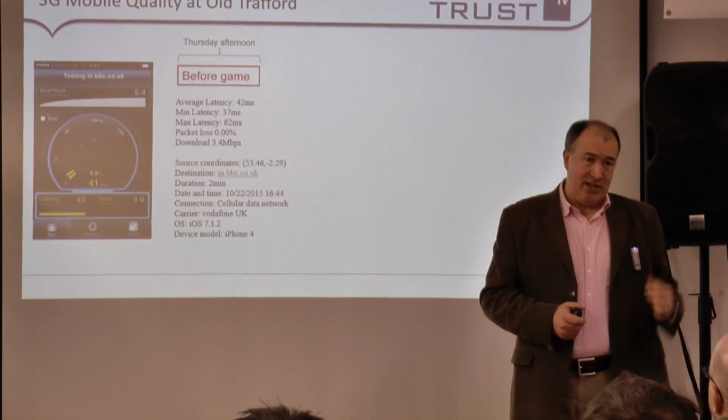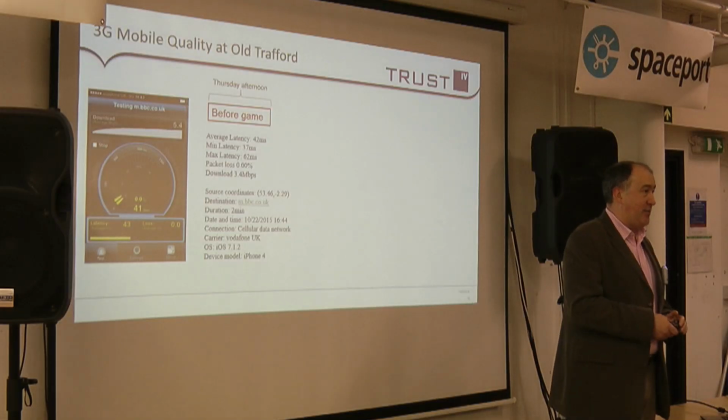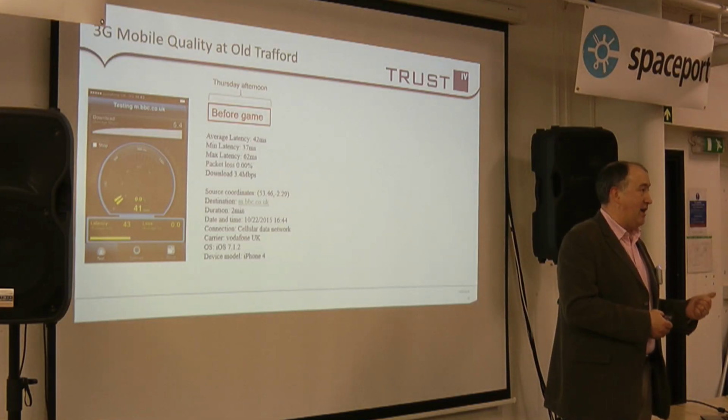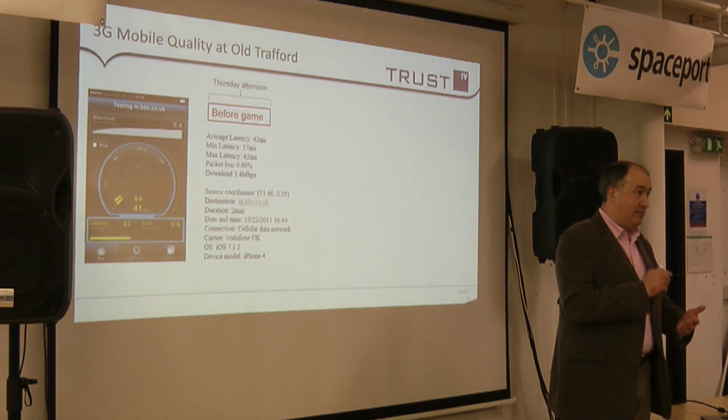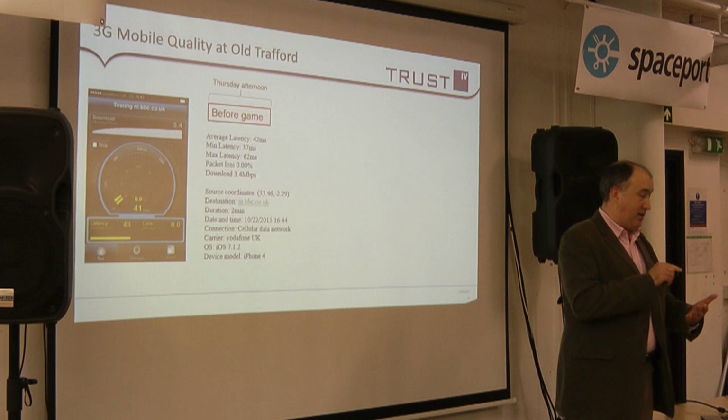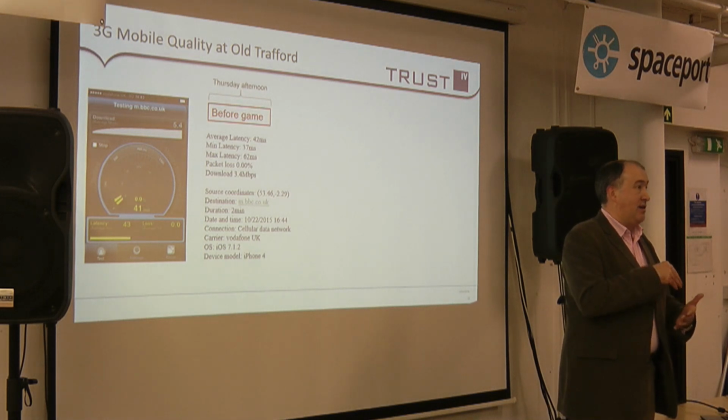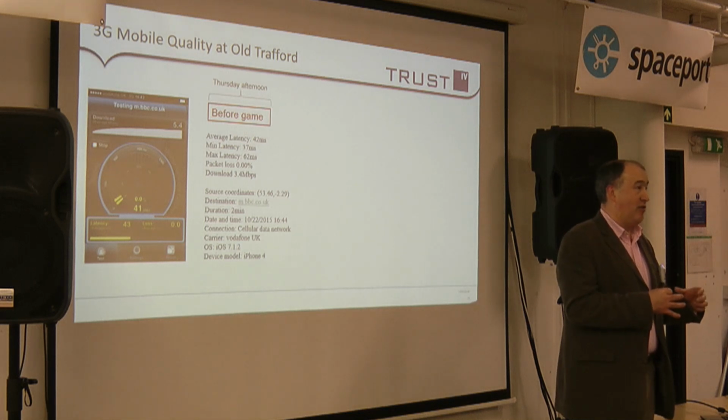So basically we used this application called Network Capture Express. It's a free download. You can get it on iOS or Android, and you just put it on your phone, and basically wherever you are you can time it. It's a bit like speedtest.net or something like that, but it's designed for phones.